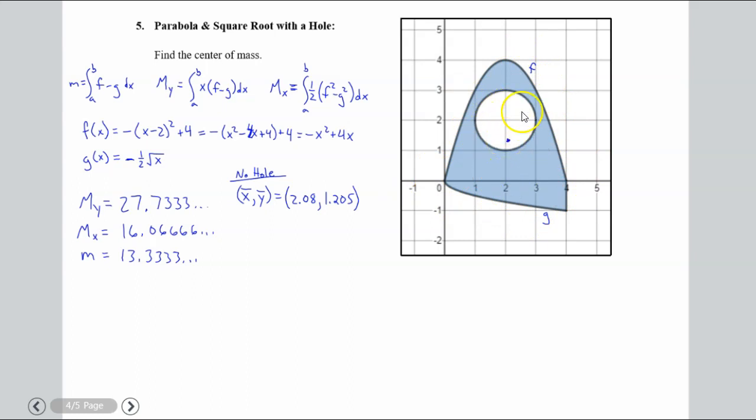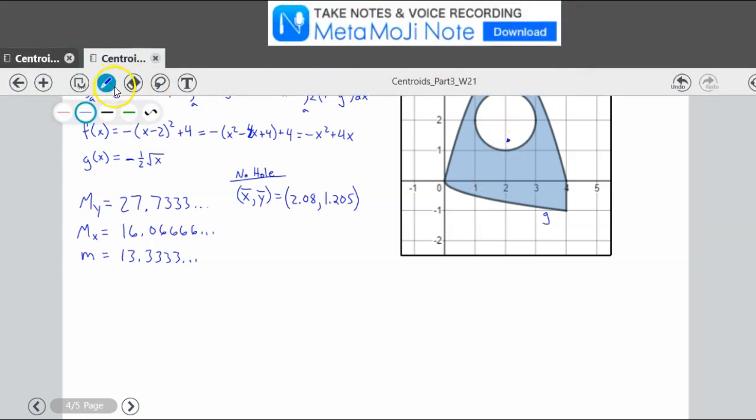We can use the ideas from the composite shapes, which is if I have a center of mass and an area, I can combine those with other centers of mass and areas to get a composite of all of them put together. So I'm going to switch colors real quick.